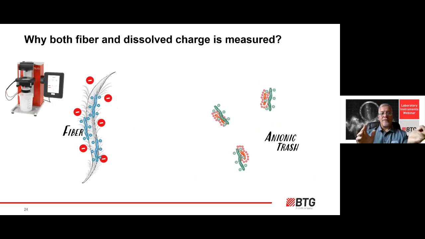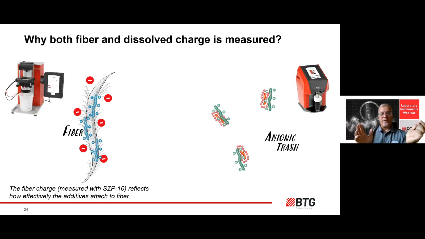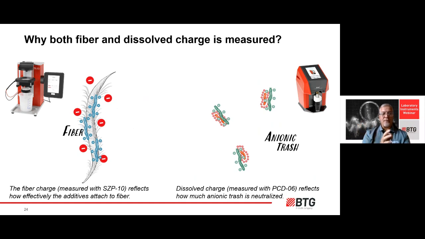So both of these charges are measured as part of the review because we can get information on one from one tester and the other from the other. The reason you see in practice a lot more of the result on the right is after you've done your review for the zeta charge and you know which additives are being effective, the impact of the water, what you really start looking for are changes in the water side that indicate your additive is no longer going on the fiber, but also going in the water.